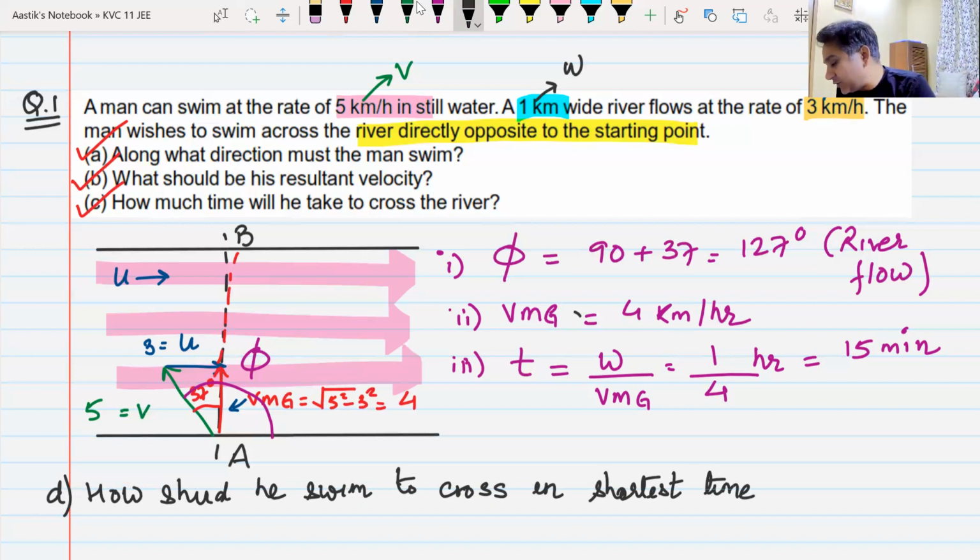Can you tell me the answer for this one? How should he swim to cross the river in the shortest time? And what is the answer?